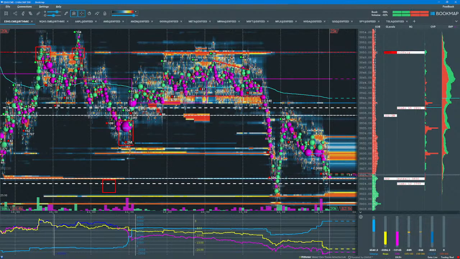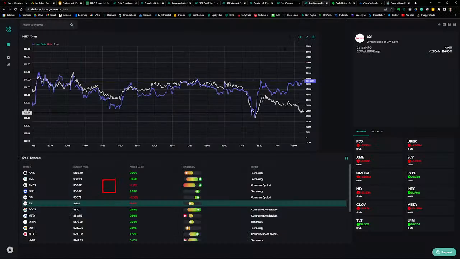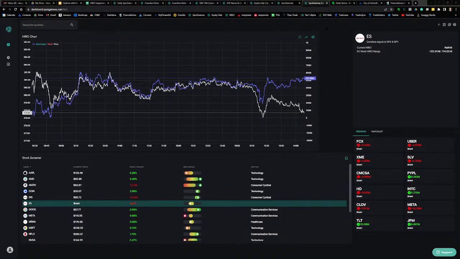All right, so let's take a look at some setups here. Let's go to Spotgamma Hero. And this is the ES. So this is for today.